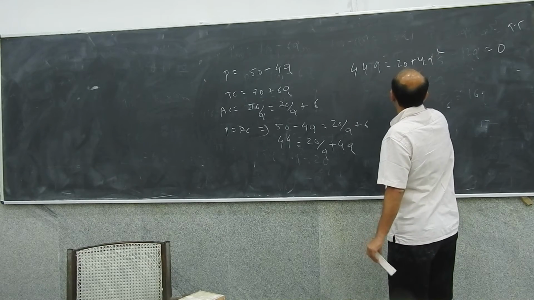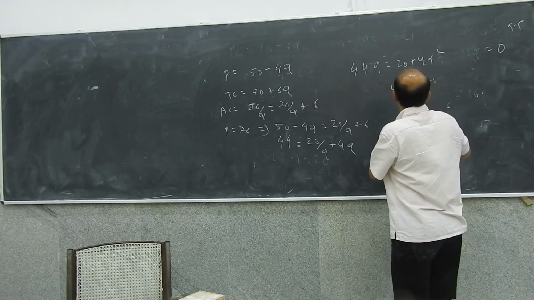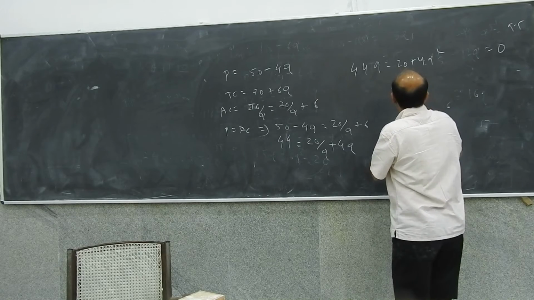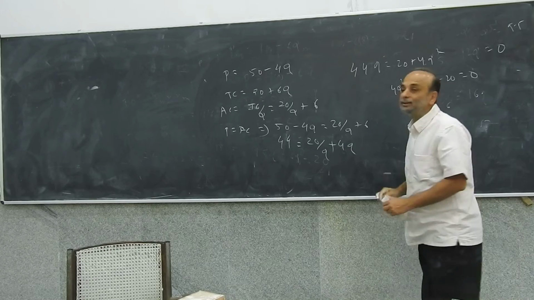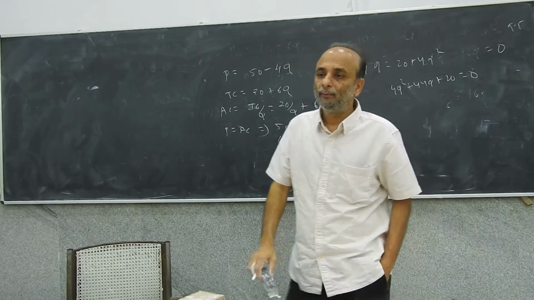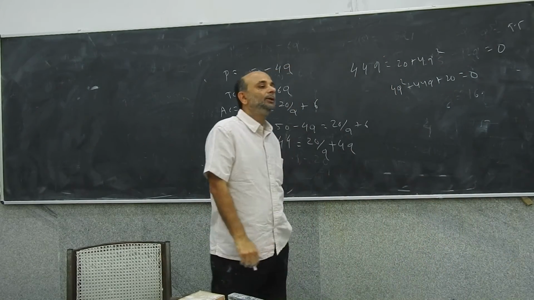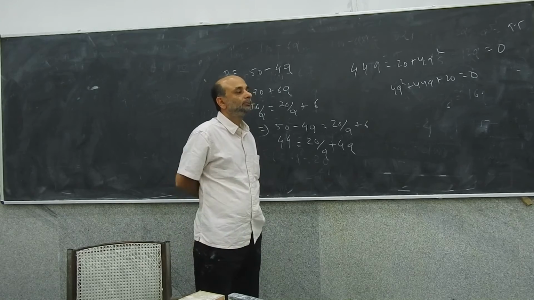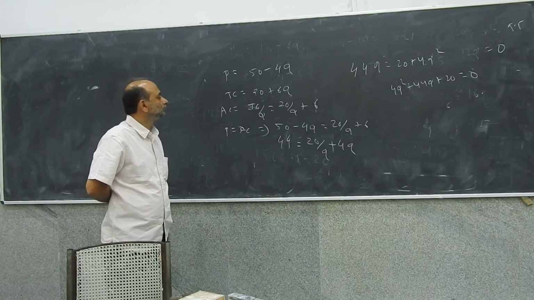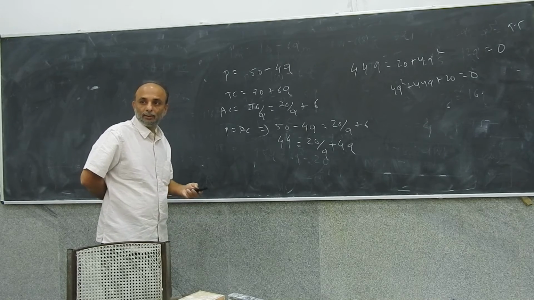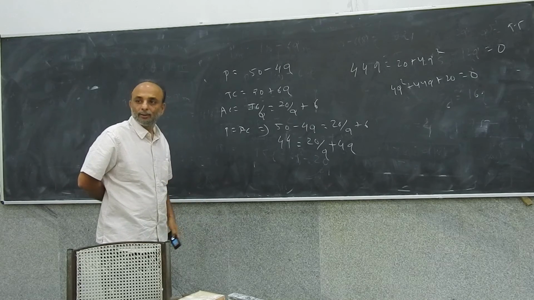So 4Q square minus 44Q plus 20 is equal to 0. Right? So how do you solve this?